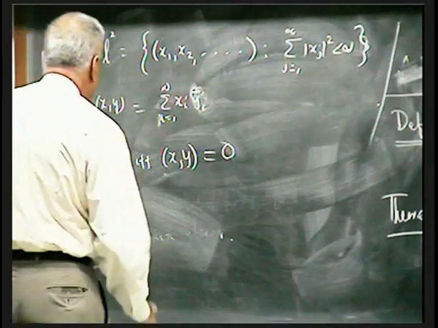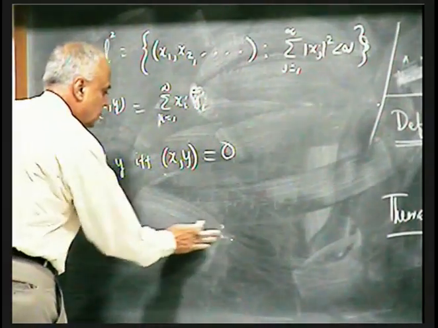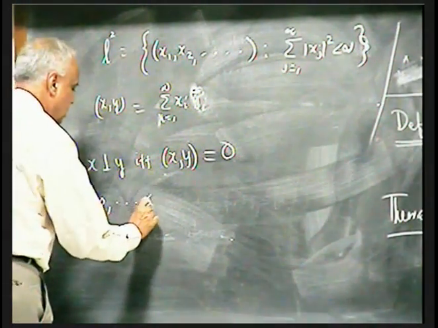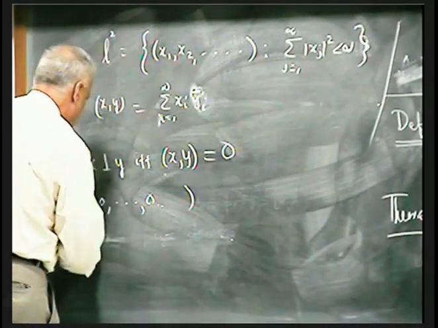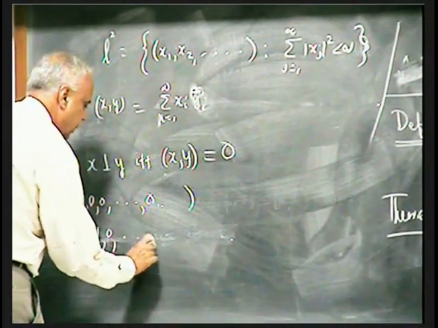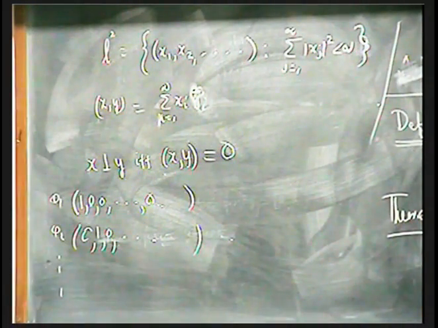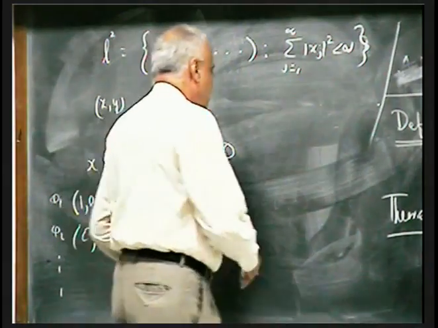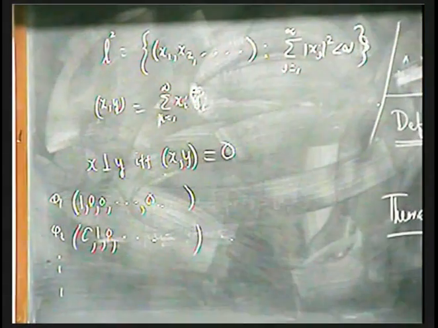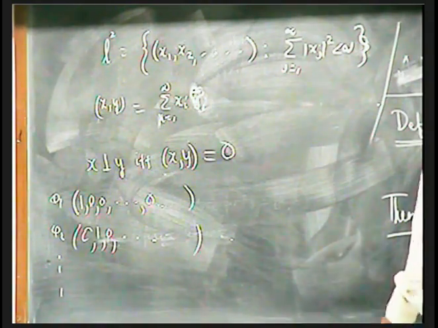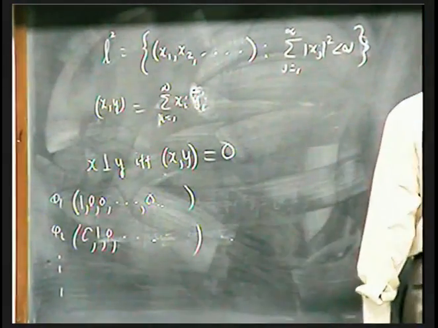Now, if we take these vectors, call them phi 1, phi 2, etc., they are all orthogonal to each other. Their length is 1. Therefore, they are an orthonormal set. What I am saying is, this will always work. The moment we have an infinite orthonormal set.